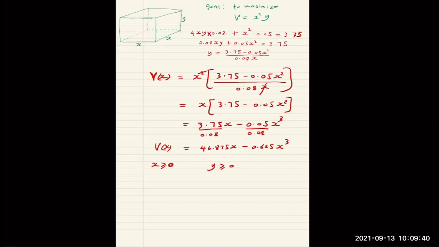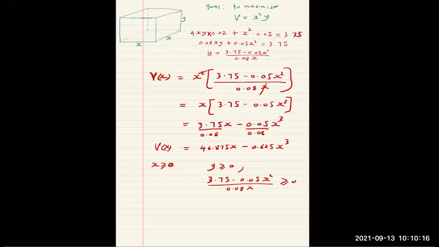That means, what is your y, first of all? This is your y. This has to be greater than or equal to 0. That means 3.75 minus 0.05 x squared over 0.08x should be greater than or equal to 0.